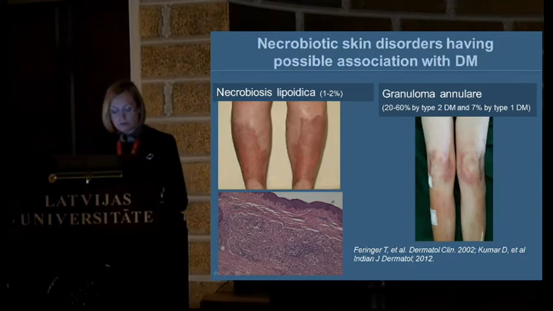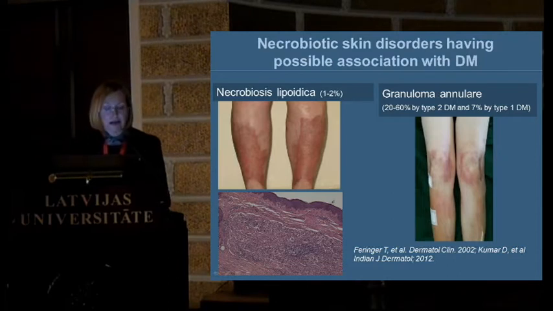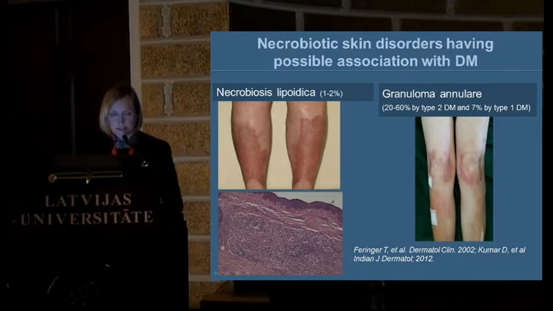As you know, two necrobiotic disorders are associated with diabetes. One of them, necrobiosis lipoidica, is mostly located on the legs. Another, granuloma annulare, is also located on the extremities, but usually seen in children and young adults.